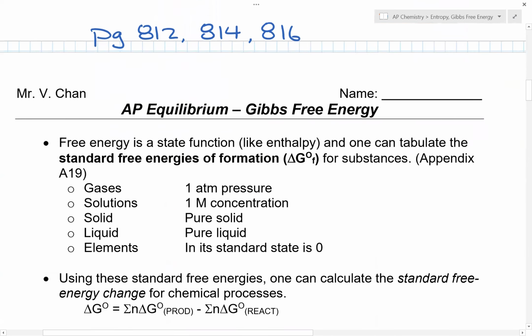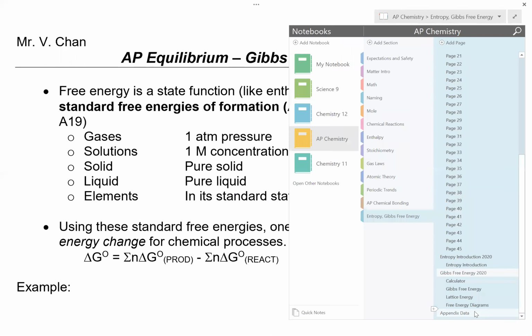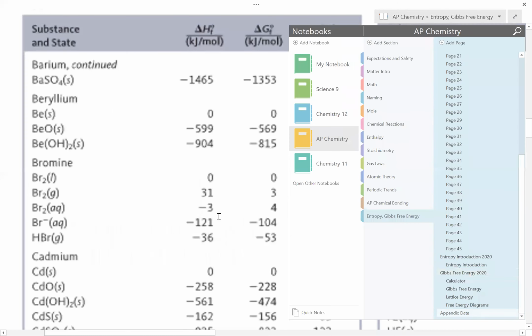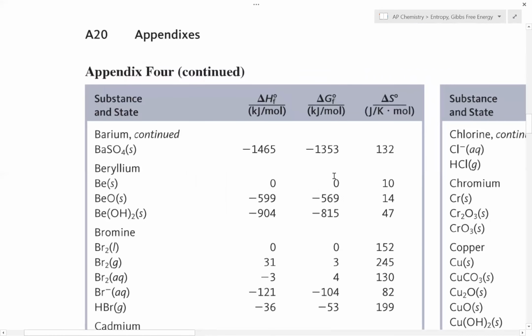Now, free energy is a state function like enthalpy, and one can tabulate standard free energies of formation for a substance. If you take a look at Appendix 19, you will see the standard formation data for different chemical compounds.